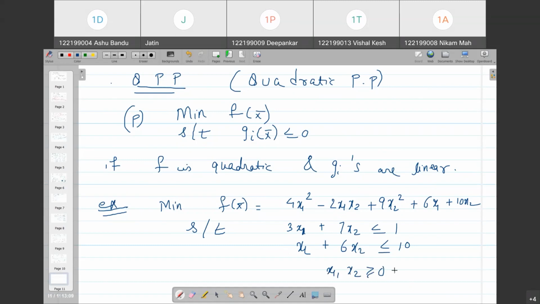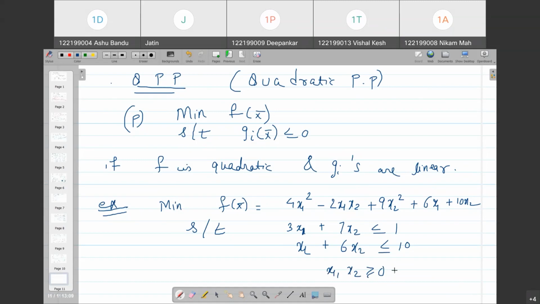Now, as you can see, all the four constraints G1, G2, G3, G4 are linear, and your f is quadratic. Therefore, this is a QPP. It's an NLP, in particular a QPP, quadratic programming problem.